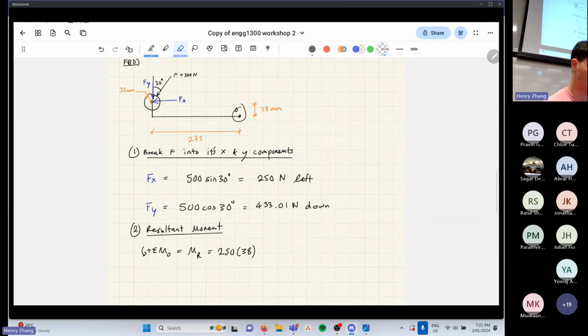So we're looking at point O, and Fx, this part is 250, and here's its line of action, and the lever arm is 38 mil. It's causing a counterclockwise spin, so it's going to be positive.